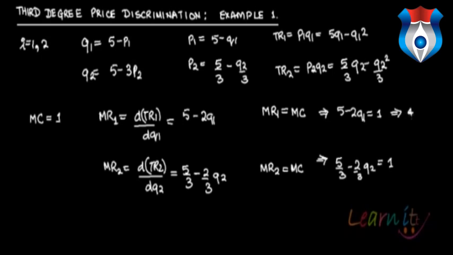This would imply 4 equals 2Q1, or Q1 star equals 2. And this would imply 5 minus 2Q2 equals 3, or Q2 star equals 1.